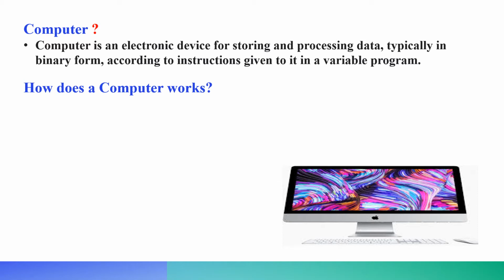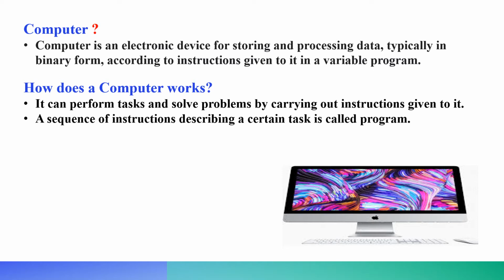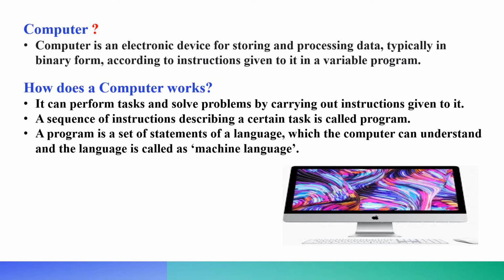Now let us see how a computer works. It can perform tasks and solve problems by carrying out instructions given to it. A sequence of instructions describing a certain task is called a program. What is a program?